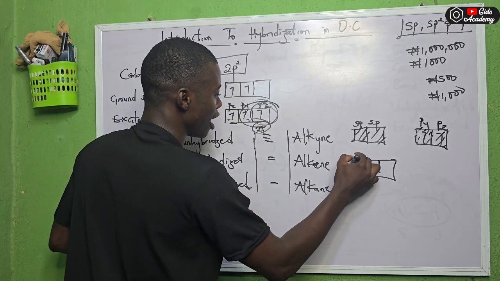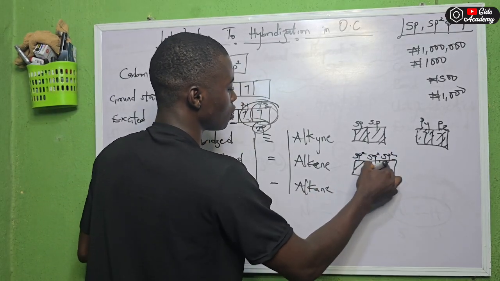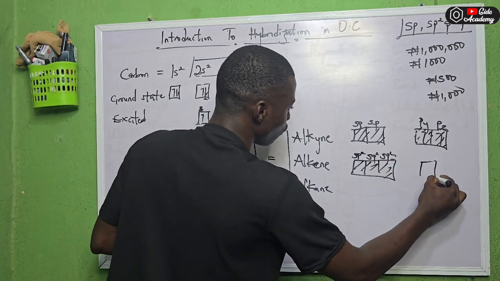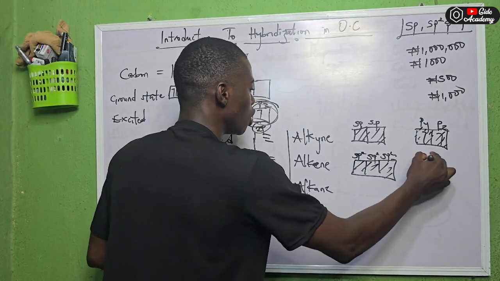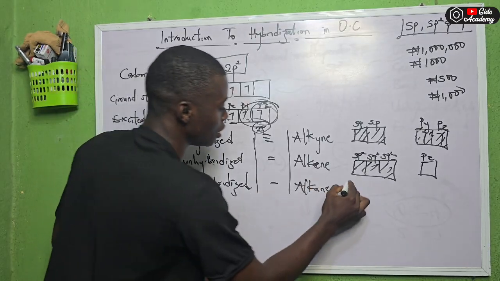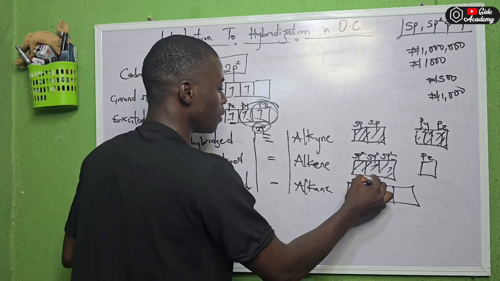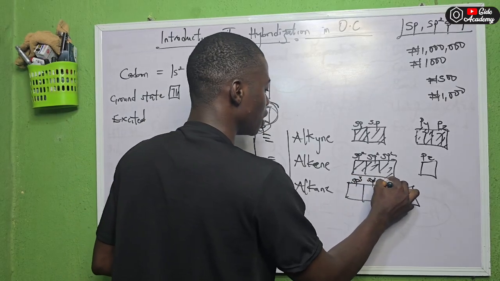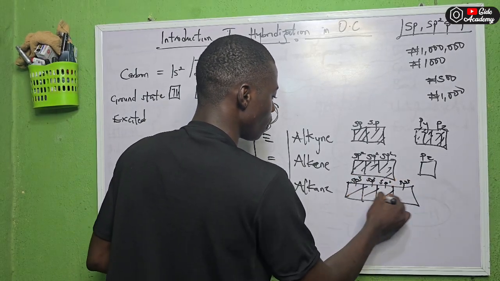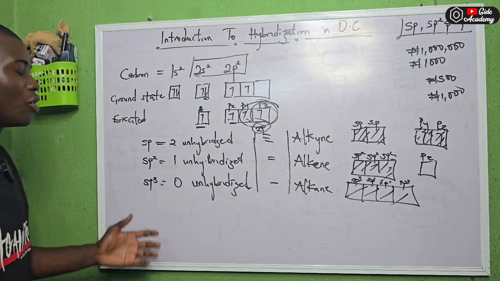So we have sp2, sp2, sp2 hybridized. Then you have one electron remaining, and this one is your pz. So this one here, again, one of s and the 3 p. So you have something like sp3, sp3, sp3, sp3. So how many unhybridized orbitals do you have? Nothing. So that is how you can easily do it.